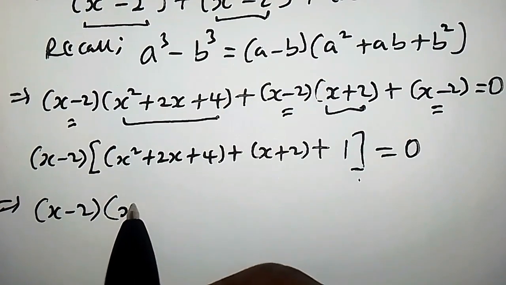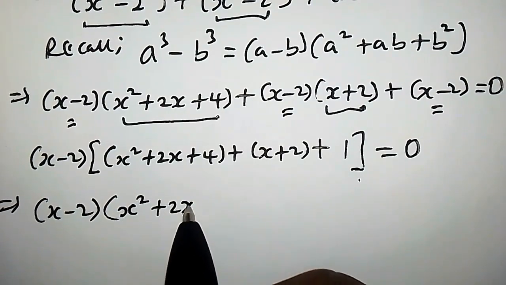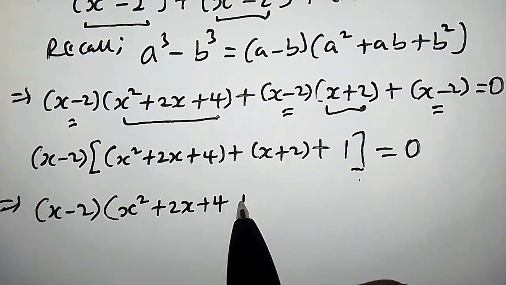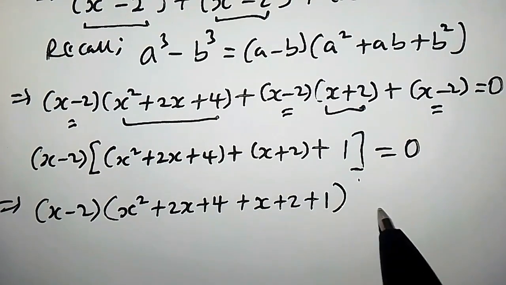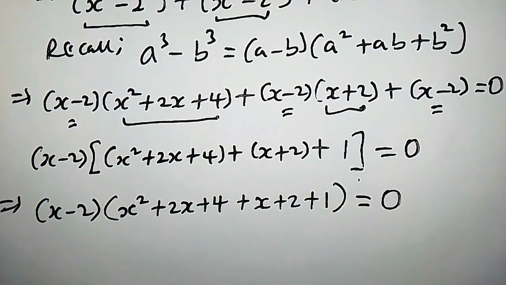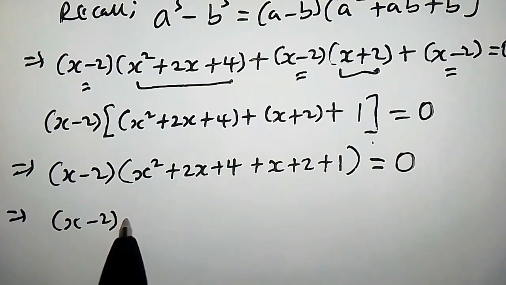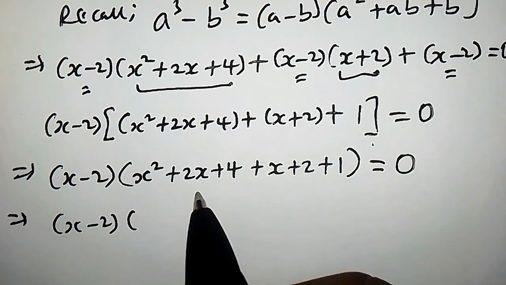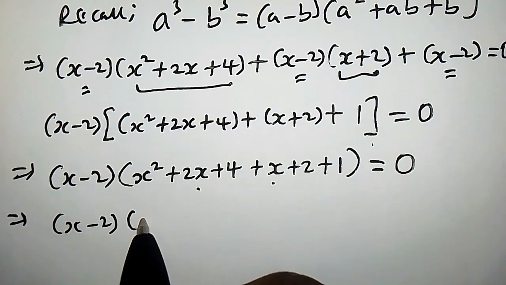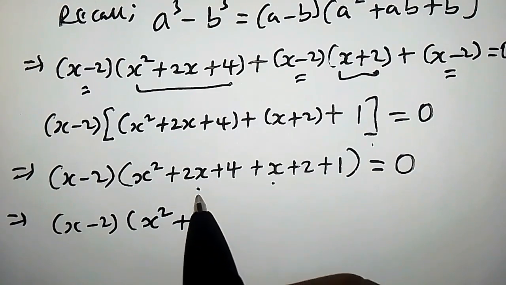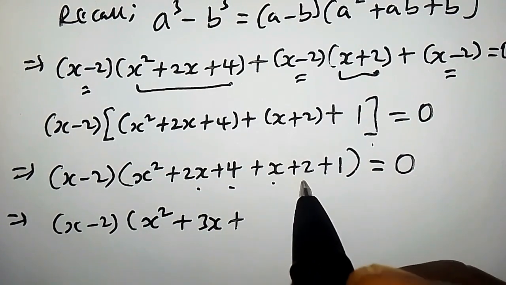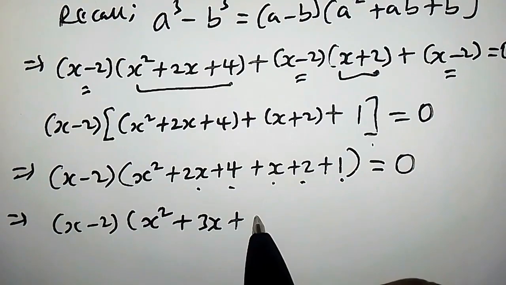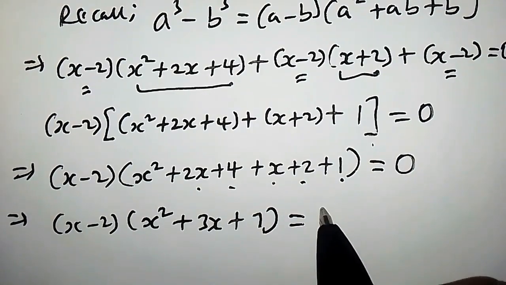So we have x minus 2 into x squared plus 2x plus 4 plus x plus 2 plus 1 equal to 0. We can add the common terms. So that will be x squared plus 2x plus x, that is 3x, plus 4 plus 2, 6, plus 1, that is 7, equal to 0.